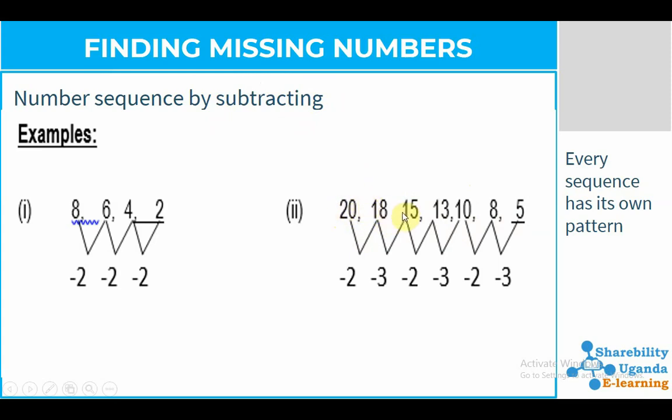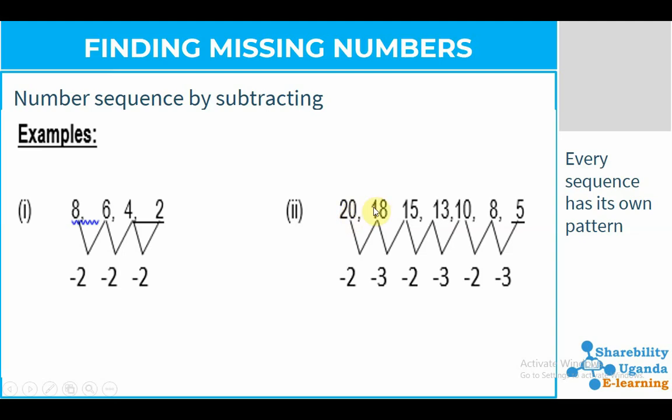From 18 to 15 they applied some subtraction. From 15 to 13 there is some subtraction. So your only way of understanding this is to see how did they come up with 18, how did they come up with 15. So we are saying we are going to subtract our first number from the second number.